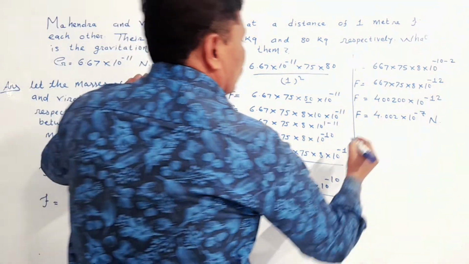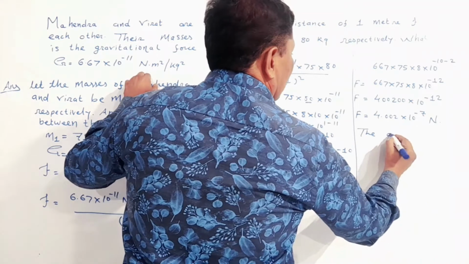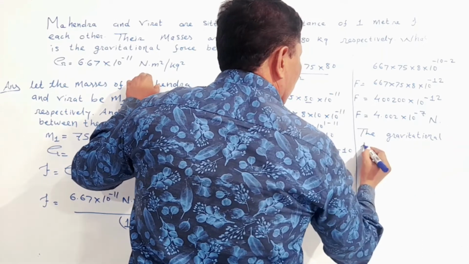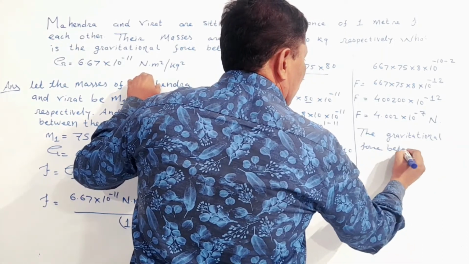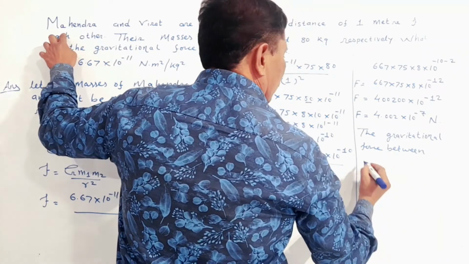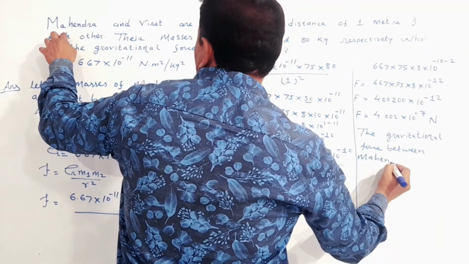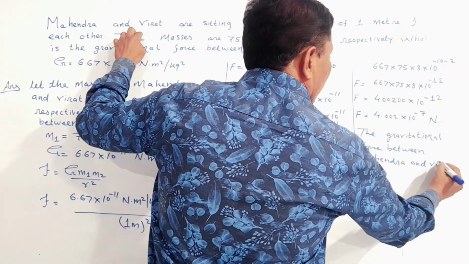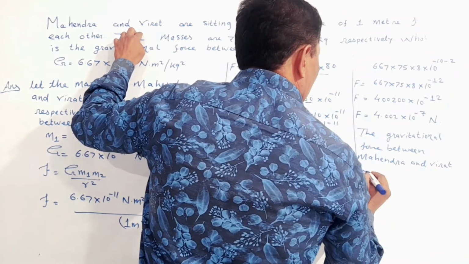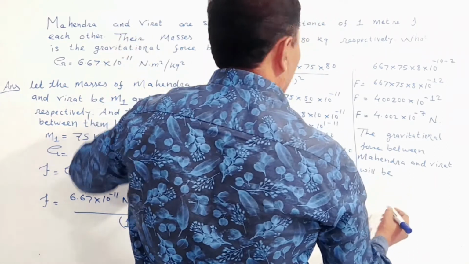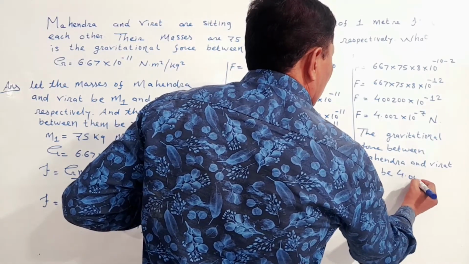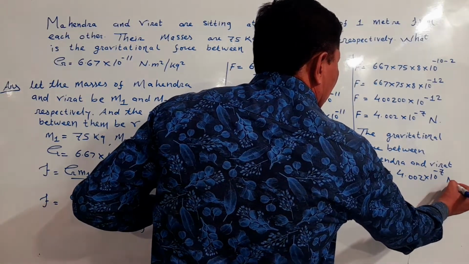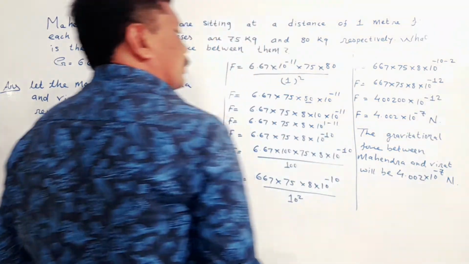So we can write the gravitational force between Mahindra and Virat will be 4.002 into 10 to the power minus 7 Newton.